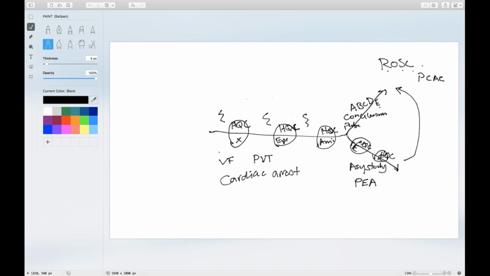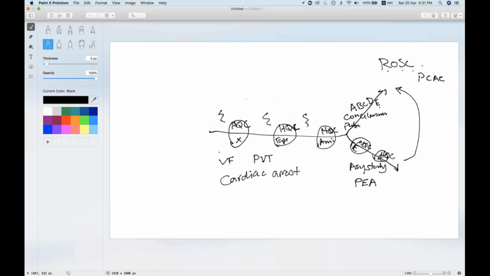These are different scenarios. Now, if he goes into asystole or PEA: high quality CPR and epinephrine, then high quality CPR and reversible causes in the second cycle. If the patient improved and pulse returned, check his consciousness and ABCDE, as we said just now. Do you have any questions until now about these algorithms?